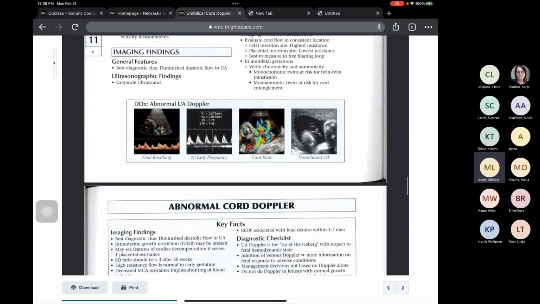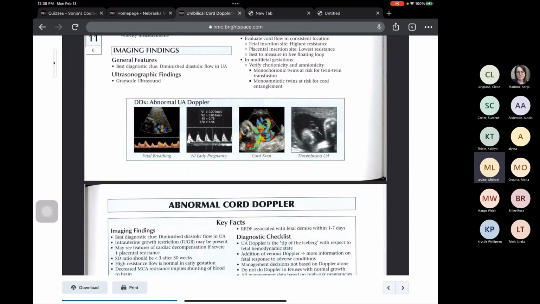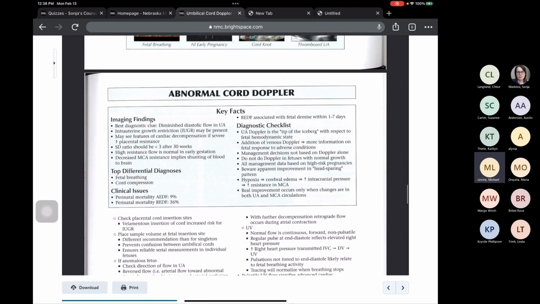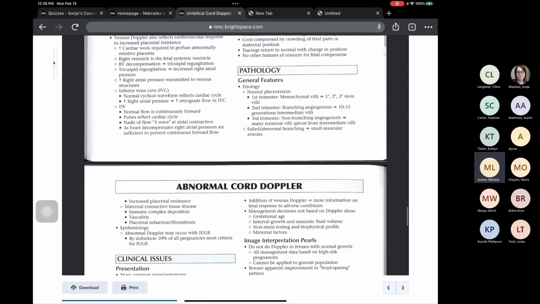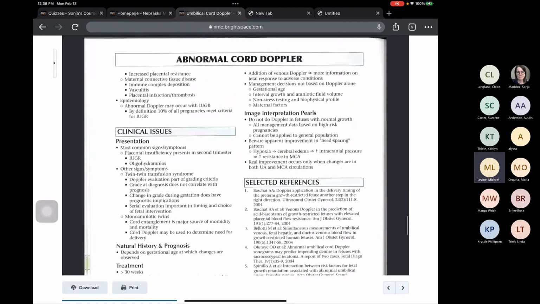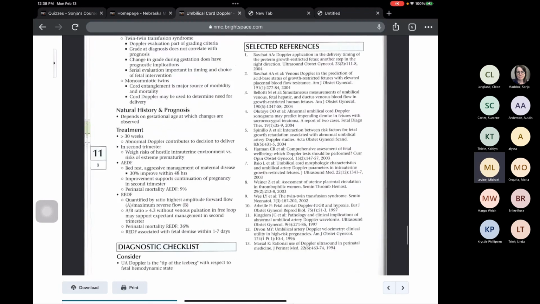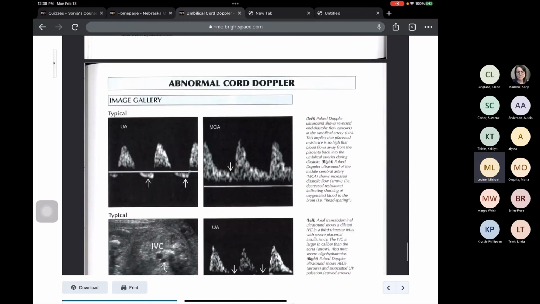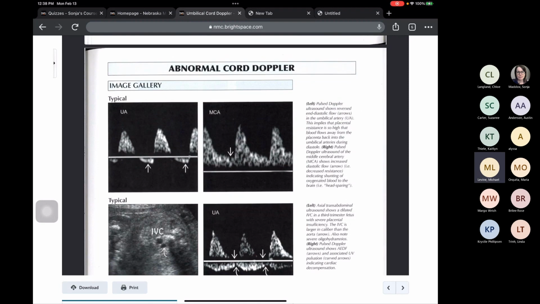If we see low resistance in the fetal brain, in the middle cerebral artery, it means that there's brain sparing and that the fetus has shunted blood towards the brain as a protecting element. This is concerning because it shows that the baby is under quite a bit of duress. And we'll get to that in a second here.